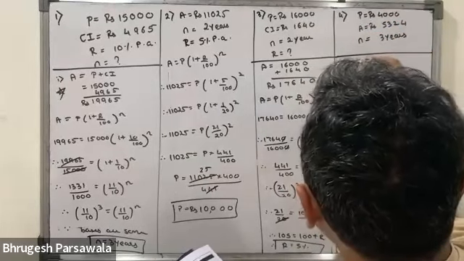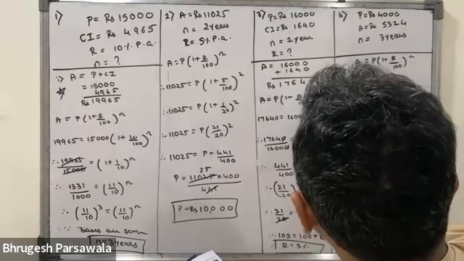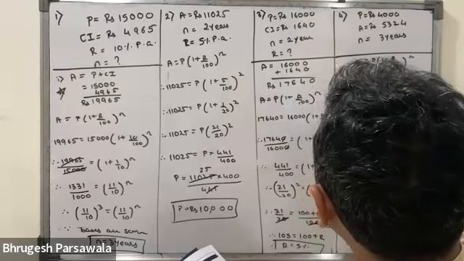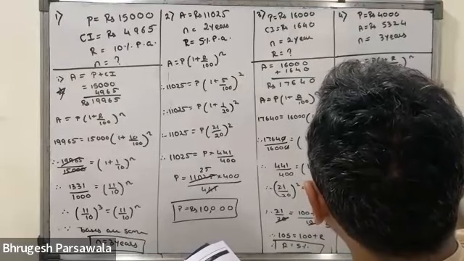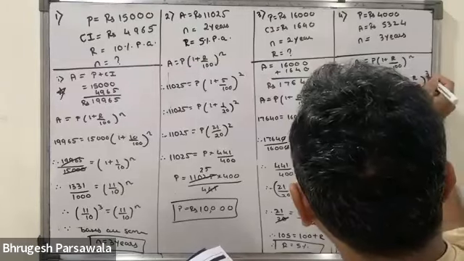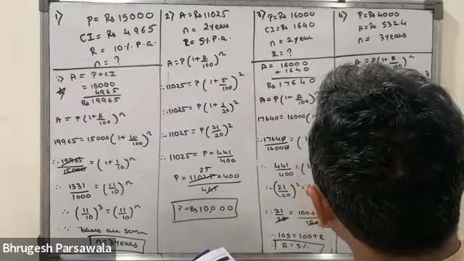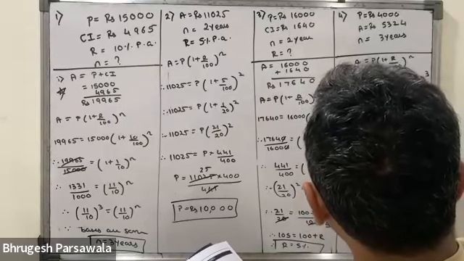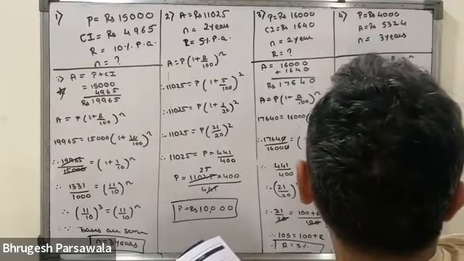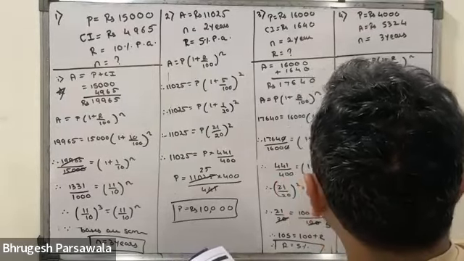A equals P (1 plus R upon 100) raised to N. 5324 equals 4,000 (1 plus R upon 100) raised to 3. 5324 upon 4,000 equals (1 plus R upon 100) raised to 3. 4,000s are... 1331.